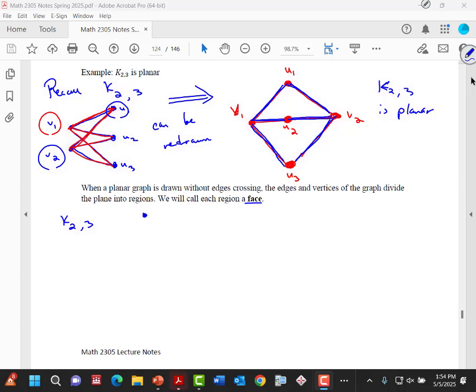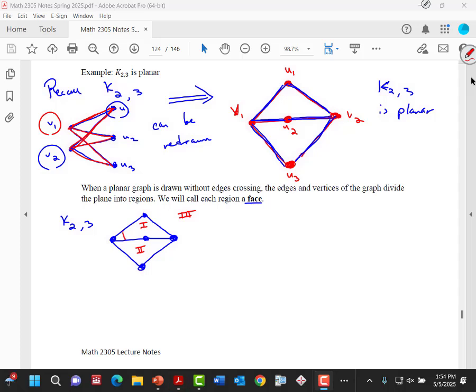When I draw it in the plane as follows, notice I get face 1, face 2, and then outside is face 3.